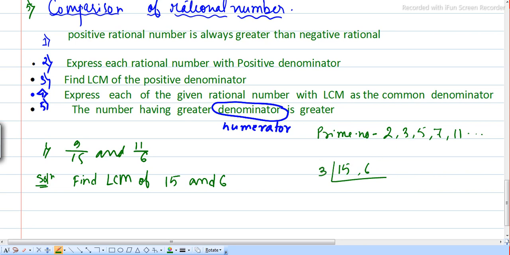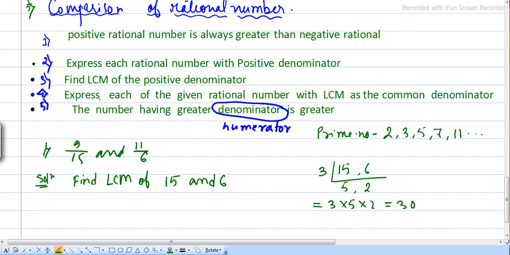So we will divide by 3. 3 fives are 15, 3 twos are 6. Now there is no common factor between 5 and 2. So how will we get the LCM? Just multiply all of these. 3 fives are 15, 15 twos are 30. So the LCM is 30. So this part, step 3, is completed.